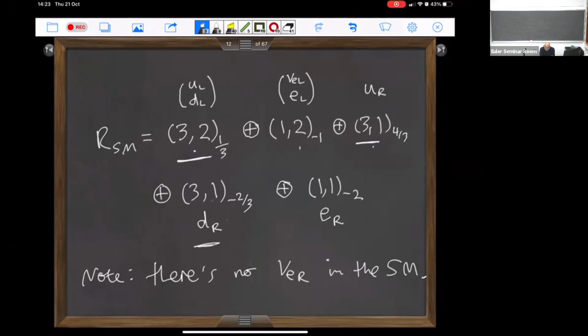So you'd have the left-handed fields in the fundamental representation, and you'd have the left-handed fields that you made from the right-handed components transforming in the complex conjugate representation. And therefore, that's a real representation because it's 3 plus 3 star, which is invariant under complex conjugation.